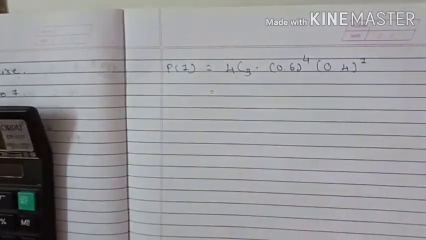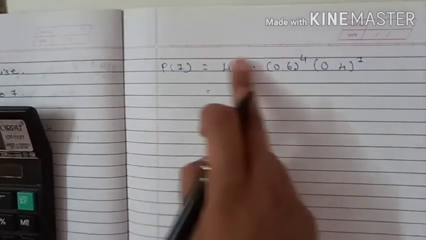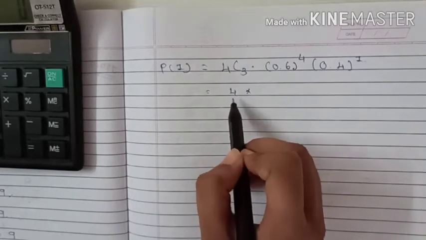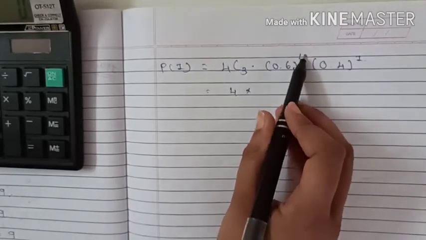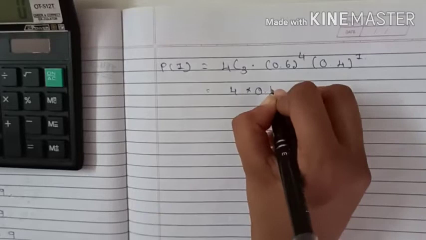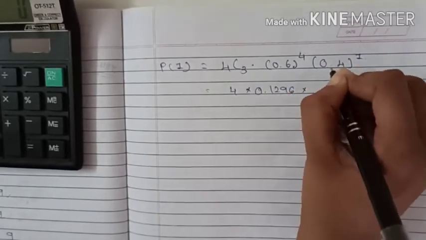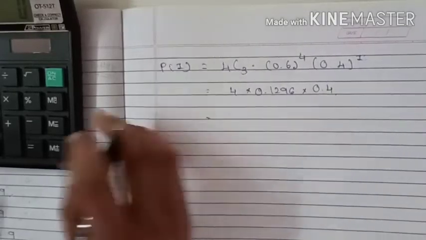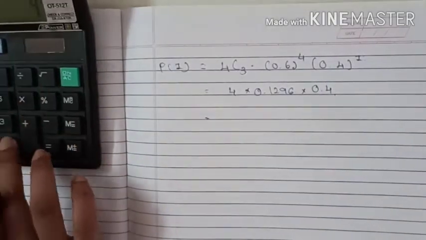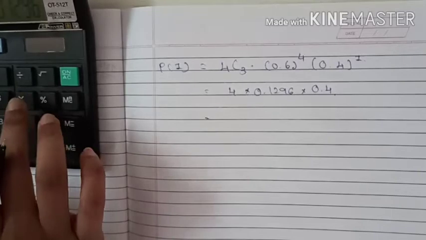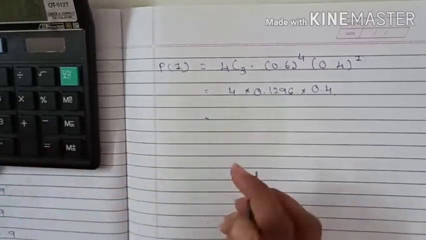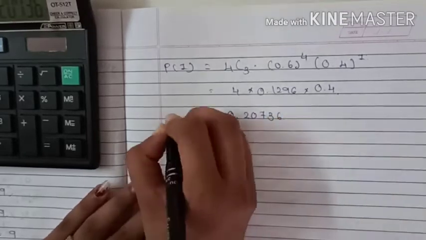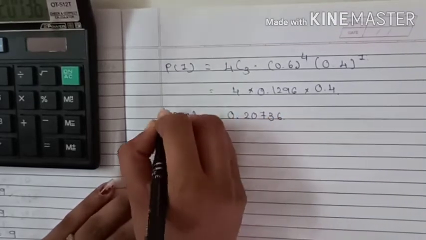With the help of the calculator, 4C3 will become 4, 0.6 raised to 4 is 0.1296, into 0.4 raised to 1, that is 0.4. So 4 into 0.1296 into 0.4, we get 0.20736. That is P1.